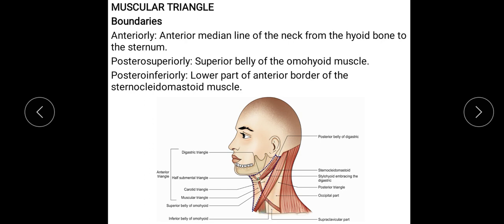Posterior inferiorly, it is formed by the lower part of the anterior border of sternocleidomastoid muscle. These form the boundaries of the muscular triangle.